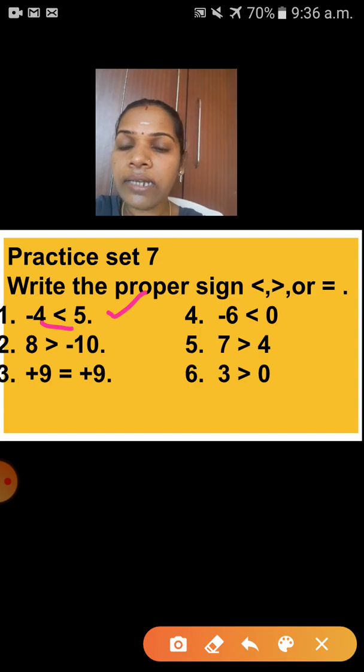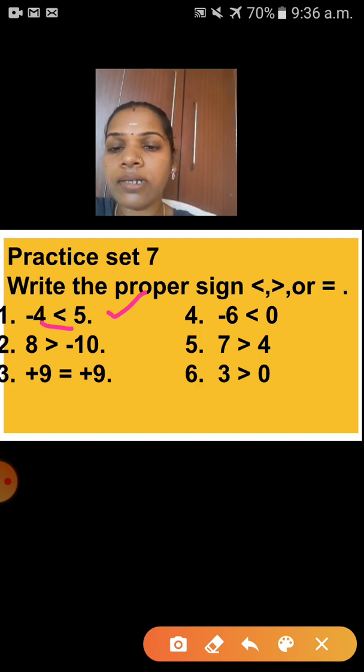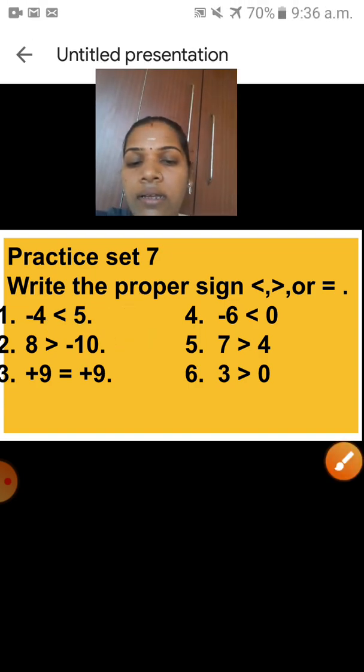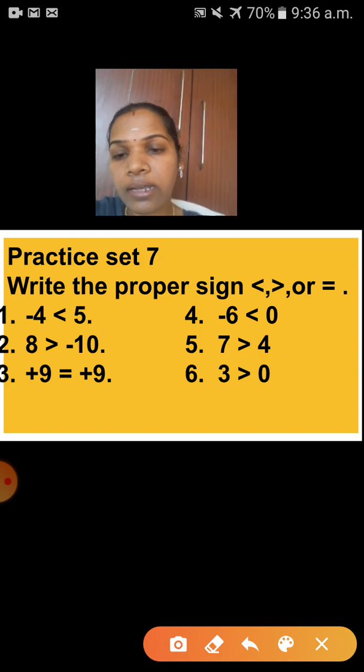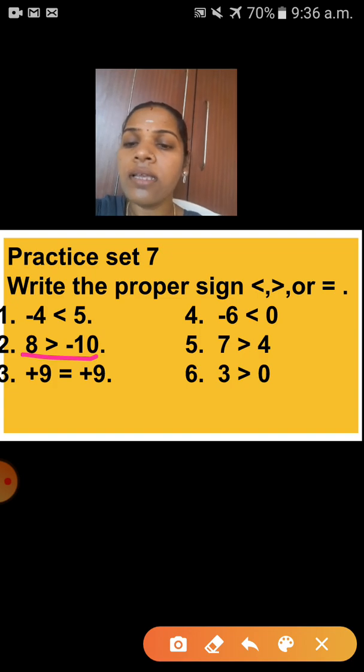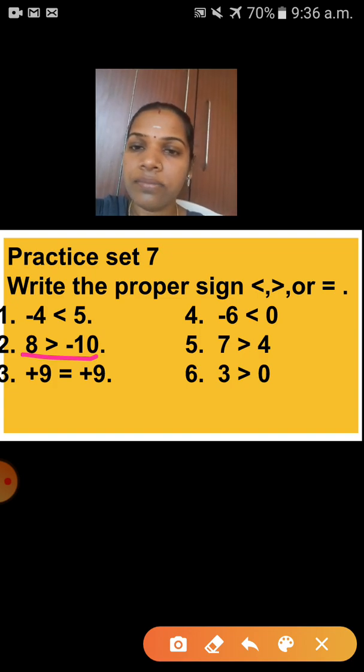Second one is 8 and -10. Yes, a positive number is greater than a negative integer. So 8 is greater than -10. Third one is +9 and +9. So what is your answer? Yes, both are equal.